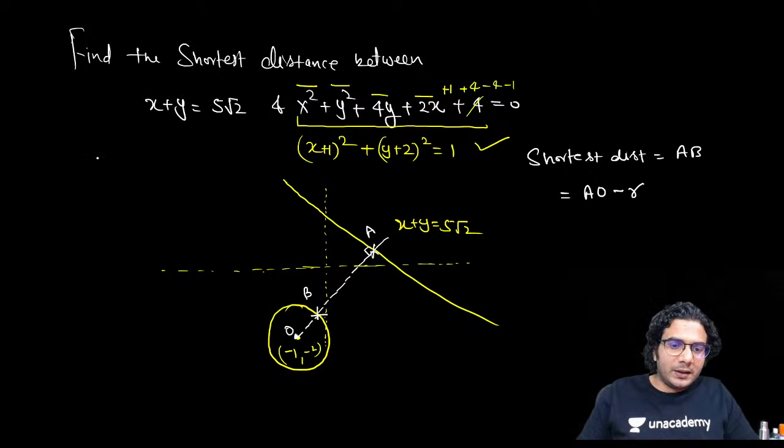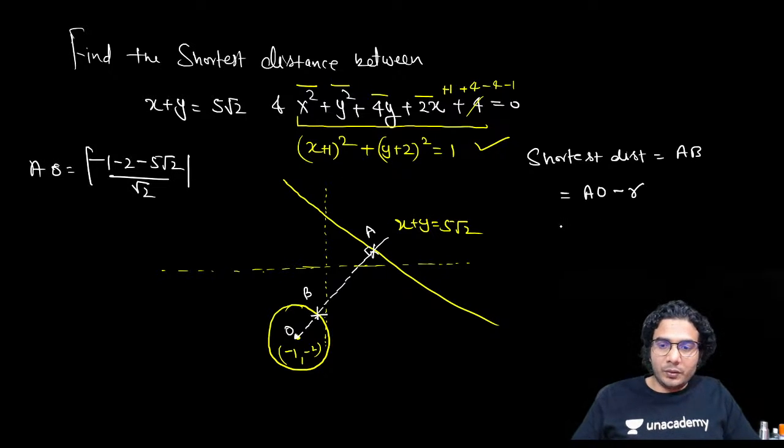That is going to be mod of minus 1 minus 2 minus 5 root 2 divided by root 2, and minus the radius. So AO is 3 plus 5 root 2 divided by root 2, minus the radius of the circle, which is 1. Finally you can write 3 plus 4 root 2 divided by 2.